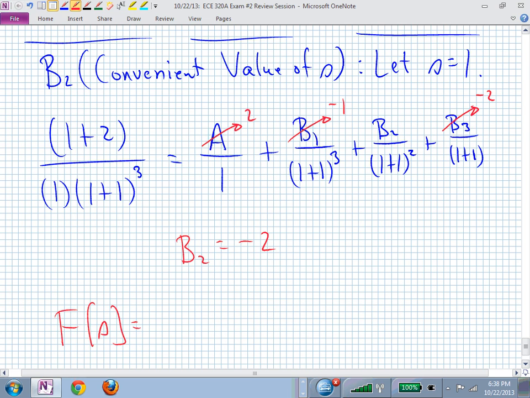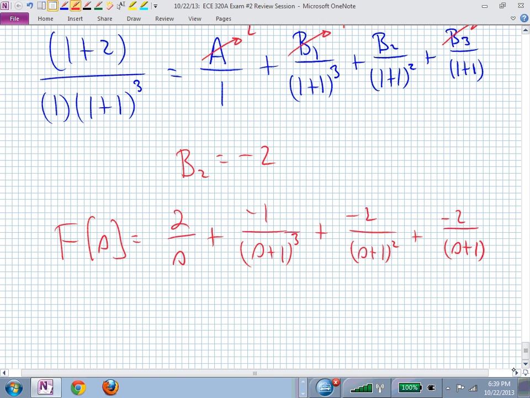I had A, which was 2 over s, plus B1, which was minus 1 over s plus 1 cubed, plus B sub 2, which I just found to be minus 2 over s plus 1 squared, plus B sub 3, which was minus 2 over s plus 1.